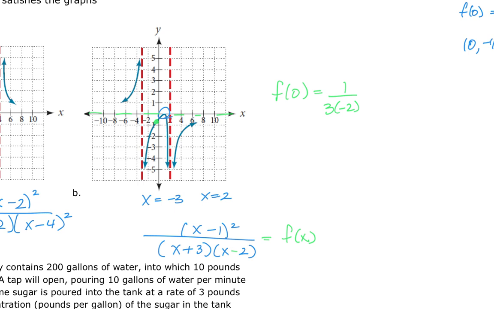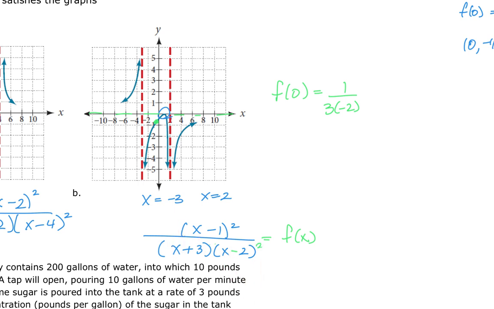So either I have x minus 2 squared, or I'm going to have x plus 3 squared. Now I'm going to look at the behavior of the graph. Notice how on 2, I'm going in the same direction, and all the rest of them, when I had a singular power, they were going in opposite directions. So I think it's going to be this one.